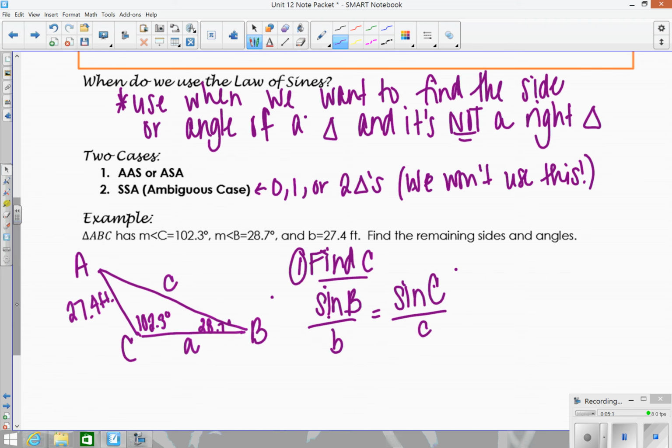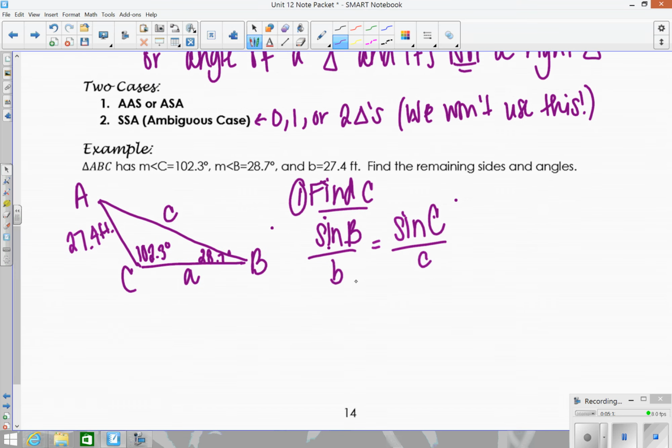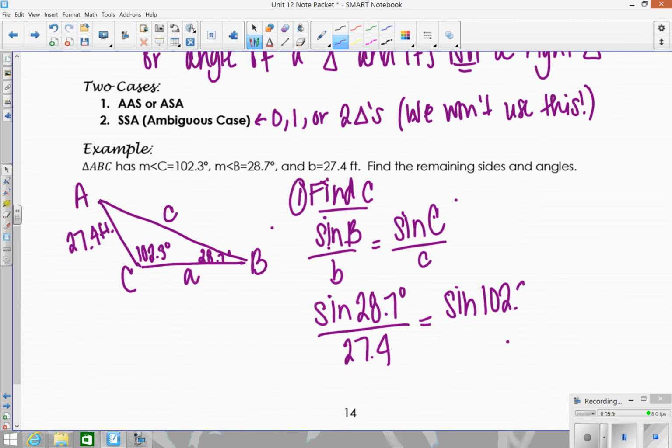So there's our proportion, and I can plug in what I know. I have angle B, 28.7 degrees, over side b, 27.4, equals sine of C, 102.3, over side c, which is what I'm trying to find.